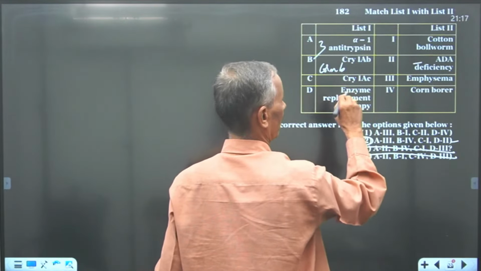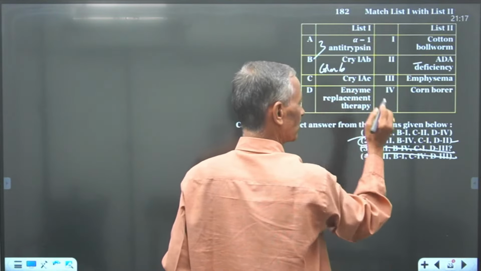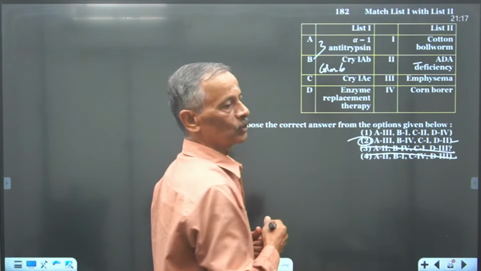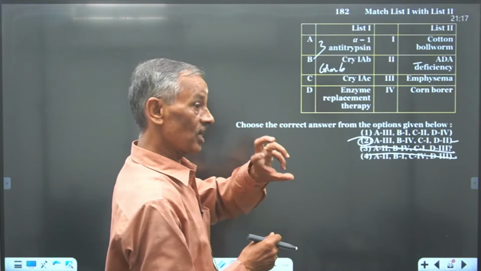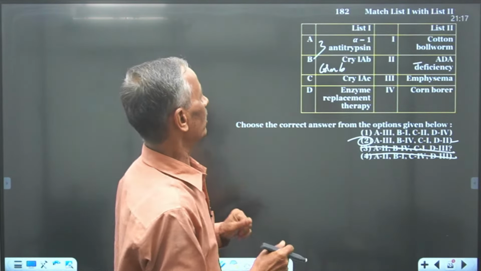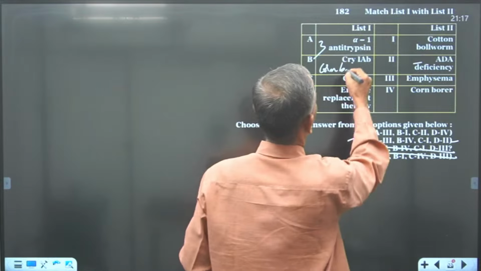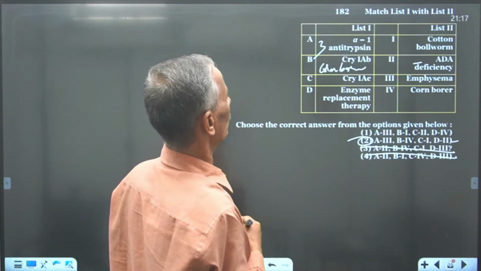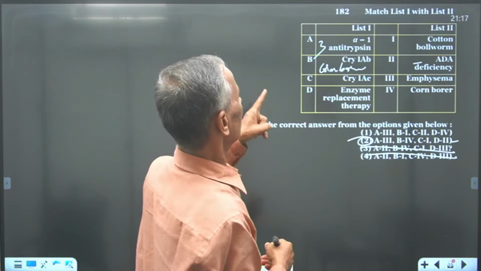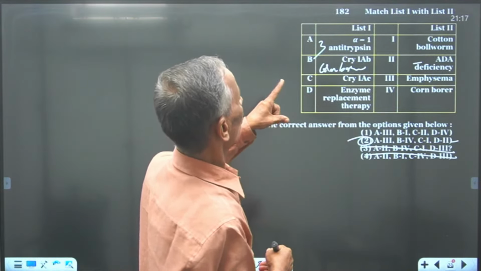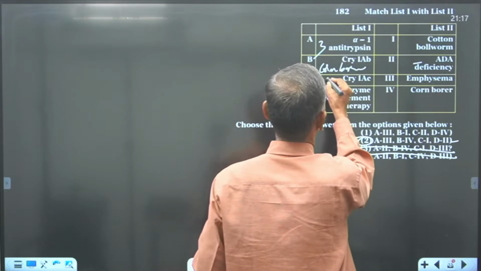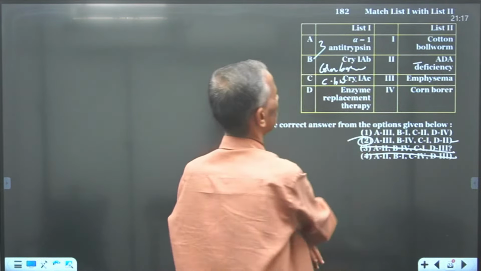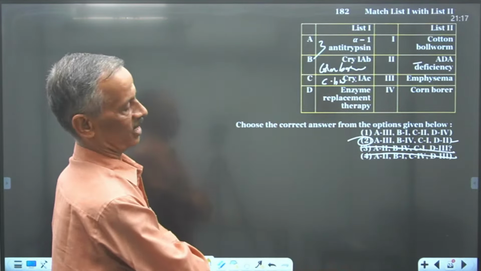Genes that produce different types of toxins which are specific against different types of plant pests. So, corn borer and, as given in our book, Cry1AC is clearly responsible for cotton bollworm resistance. Cotton bollworm. So the answer is the second one.